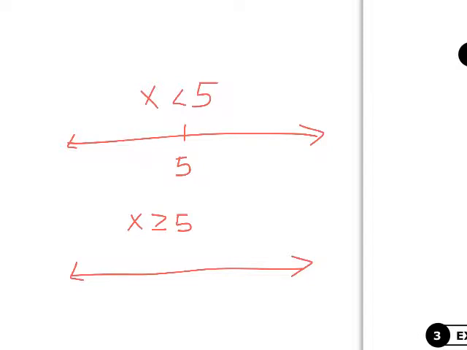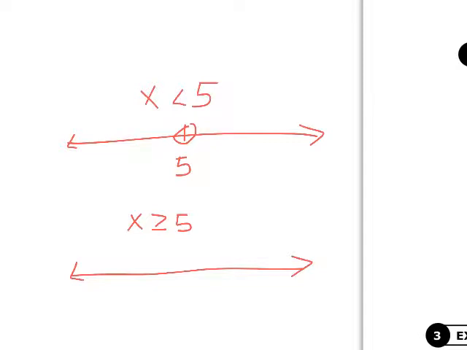An open dot. And what does an open dot mean? What does x is less than 5 really mean? Think about the values I'm allowed to take. On x is less than 5, am I allowed to take the value of 5? No, I'm not.